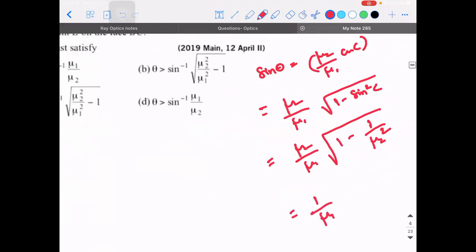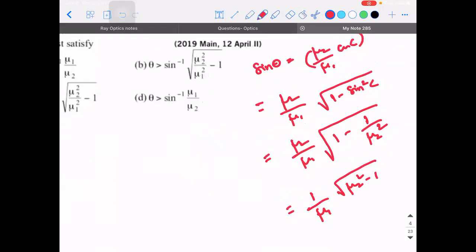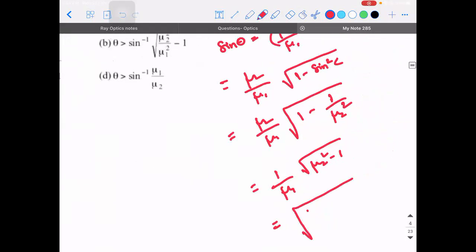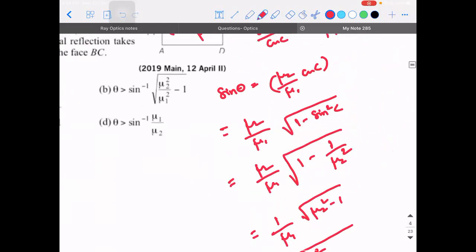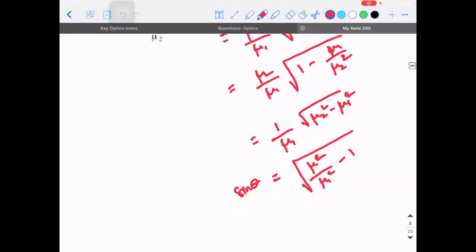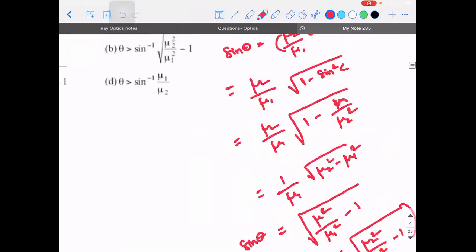That is 1 by mu1 into root of mu2 square minus 1. If I push the mu1 inside, root of mu2 square divided by mu1 square minus 1. So theta is equal to sine inverse of root of mu2 square by mu1 square minus 1. Here is the option.